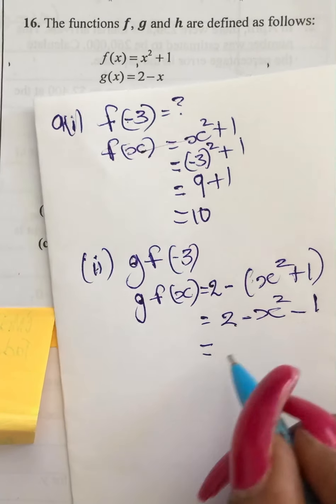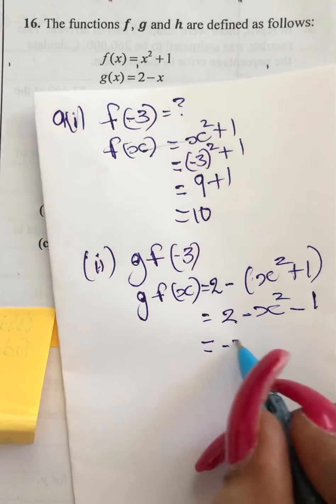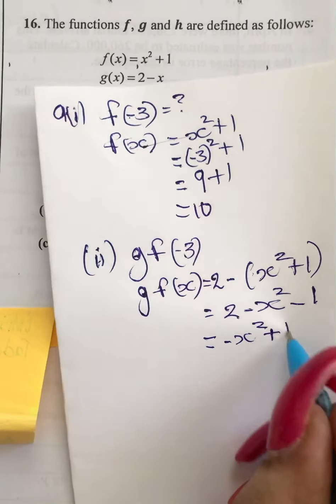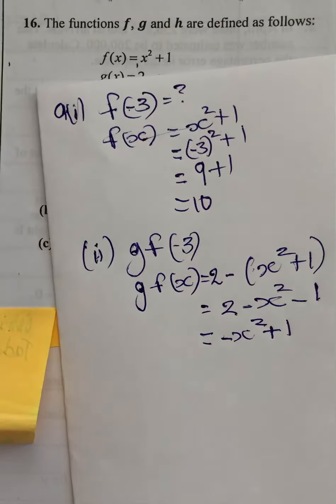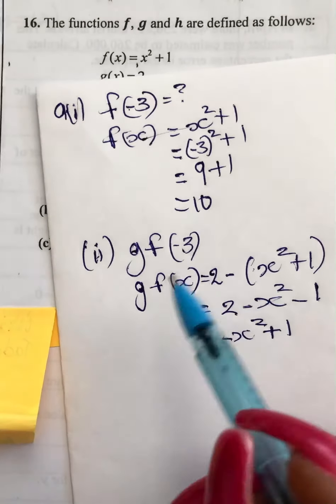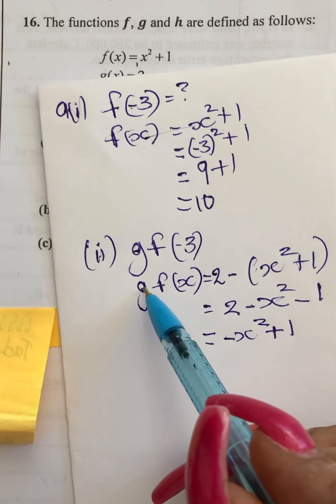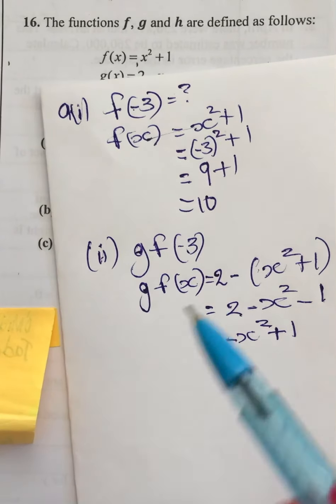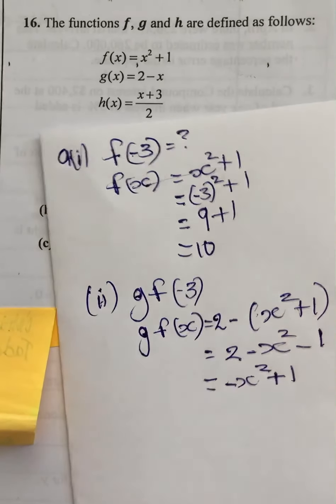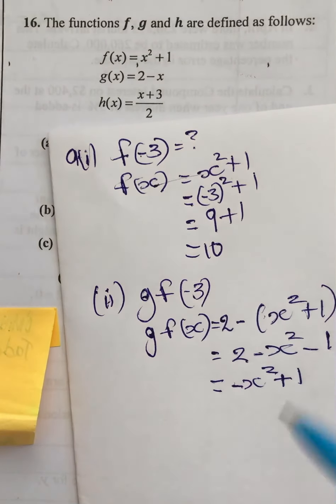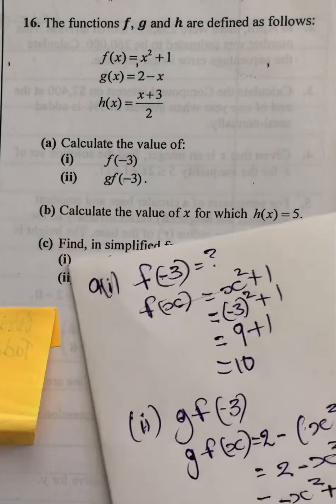This will give us minus x squared, 2 minus 1 is 1. So the one to the right goes into the one to the left, where we see x. So that's my gf of x: negative x squared plus 1. I'm finished with A.